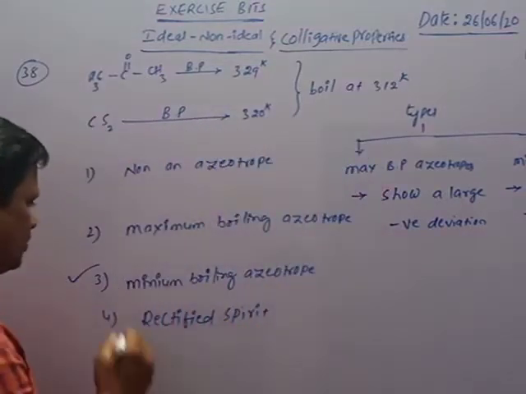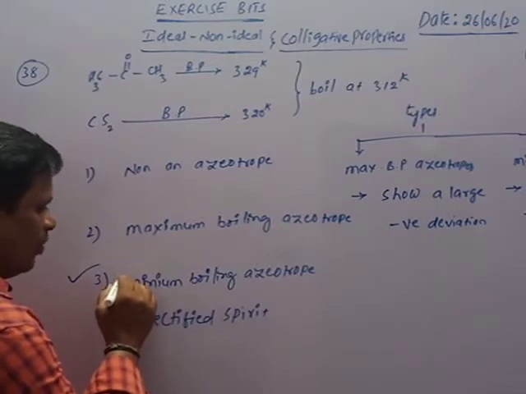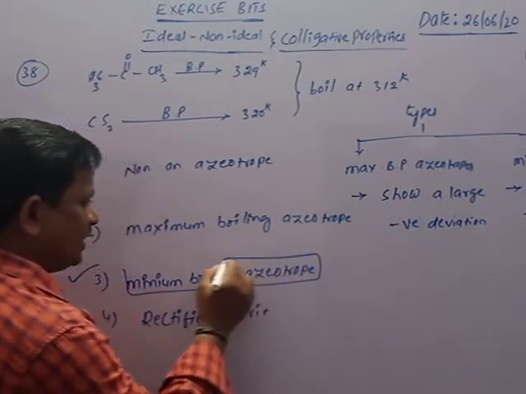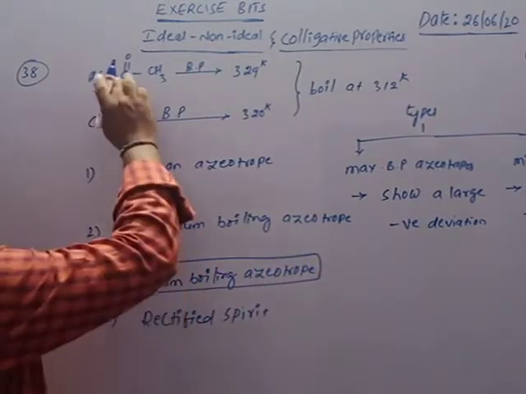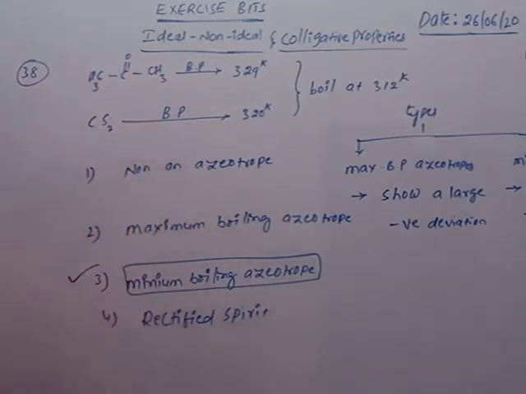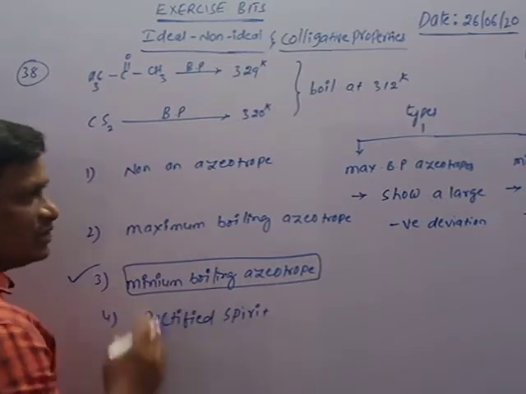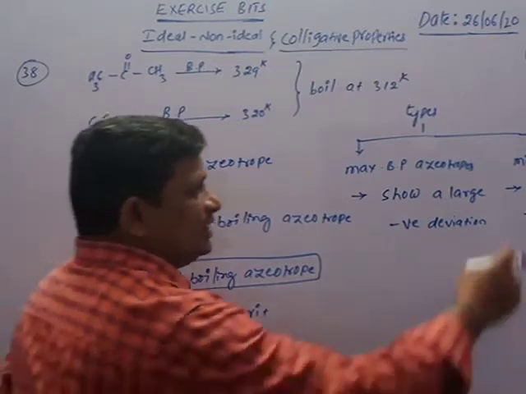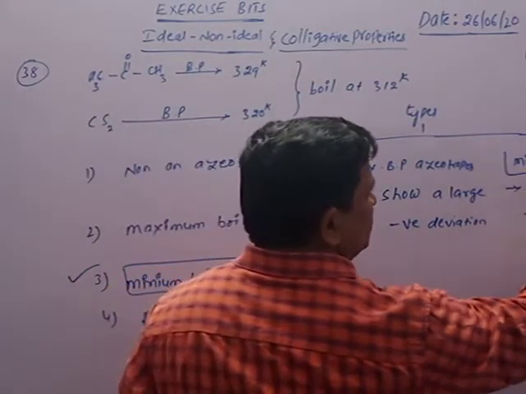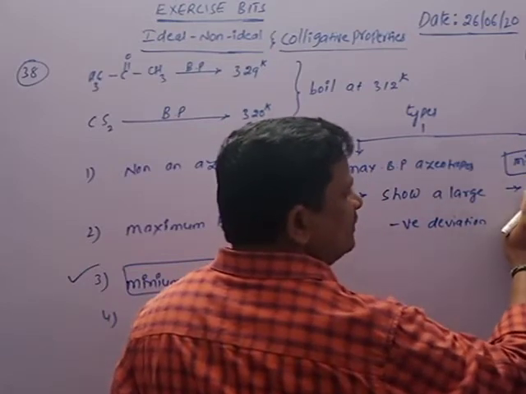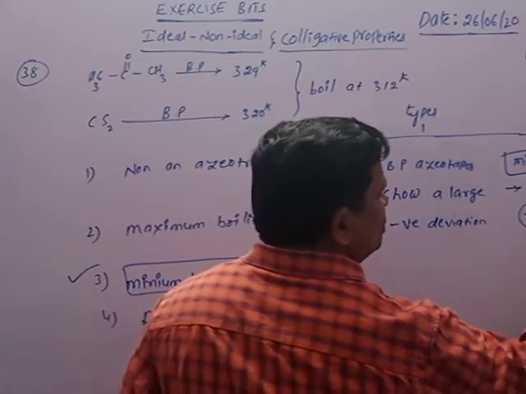So now the correct option is minimum boiling azeotropes. The given mixture of acetone and carbon bisulfide forms a minimum boiling azeotrope, meaning a solution which shows a large positive deviation.